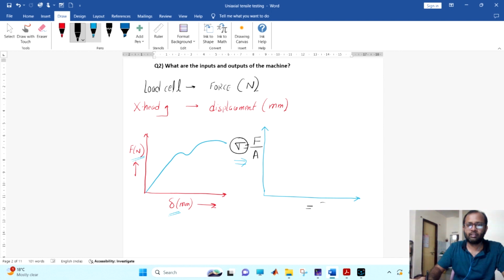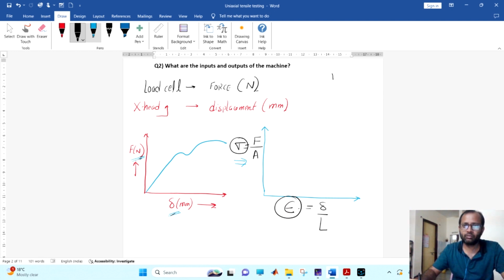Similarly, displacement divided by the total length gives the strain. We are interested in stress versus strain because that is directly the material property, instead of force versus displacement, which depends on the length and area of the specimen.